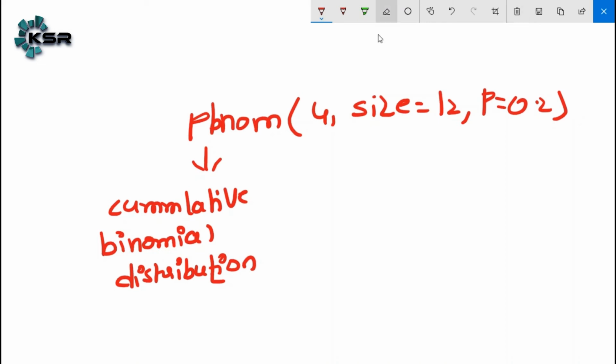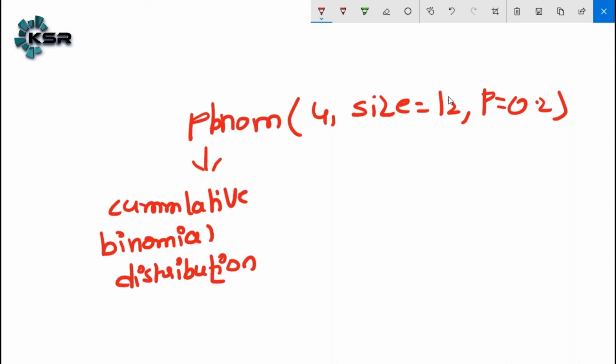In our case, maximum how many answers can be correct? 12, right? 12 questions are there. Is there any possibility that 13 answers will be correct? No, it is not at all possible.